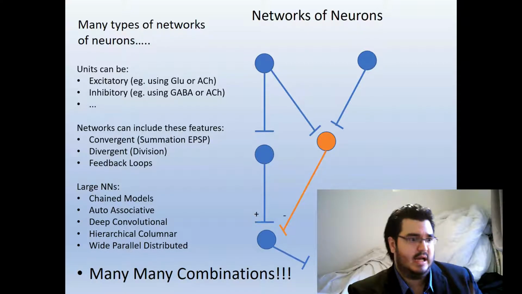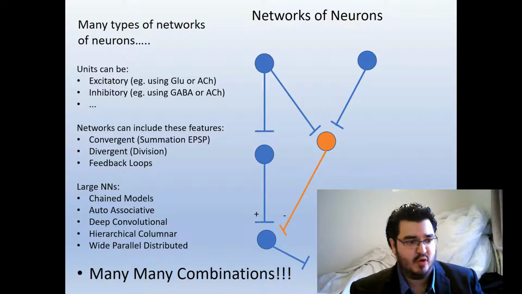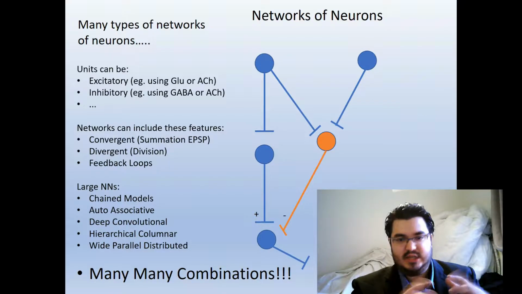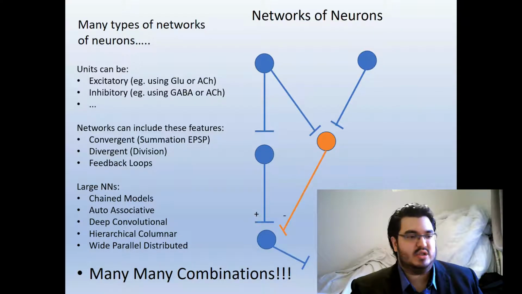And the other thing, because I wanted to move on to neural networks pretty quickly. So we have different types of neurons, which are excitatory or inhibitory, and you can connect them together into networks of neurons. There are not infinite, but the number of combinations of different types of neural networks is just absolutely huge.